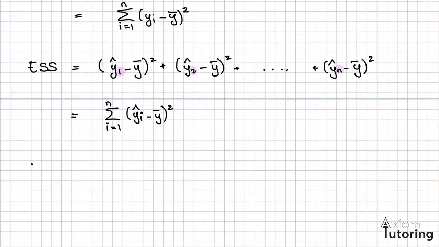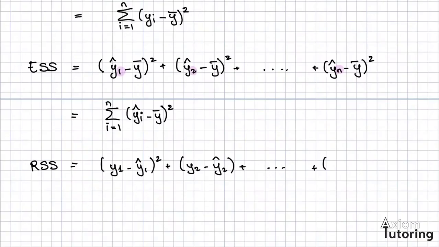And the residual sum of squares is how far the actual values are from what the model predicts. So in this case, we have the difference of your real y1 and the fitted y1 hat, squared. We would do the same thing for the second observation, and we would have y n minus y hat n all squared.